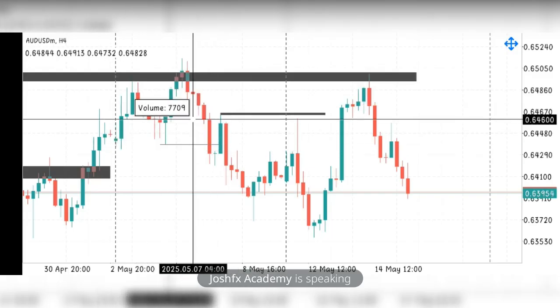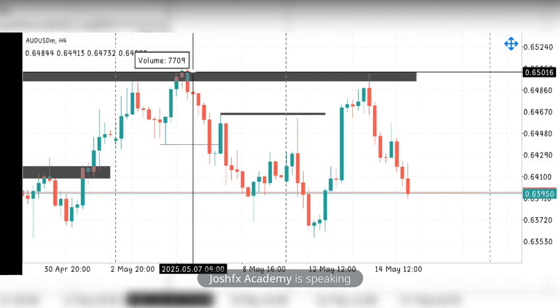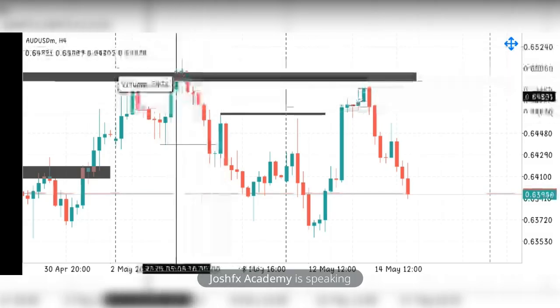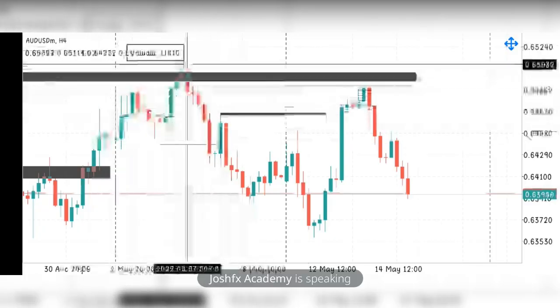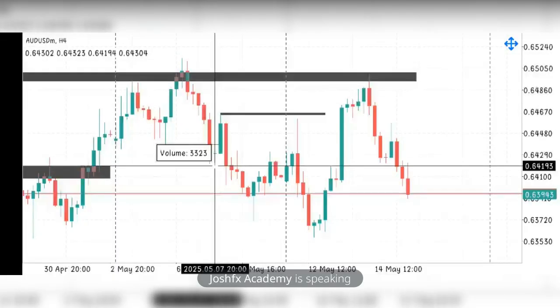It validates that this order block is a valid one. So a bearish order block is when a green candle is being engulfed by a red candle. But a bullish order block is when a red candle is being engulfed by a green candle and there is a break of structure. So just keep it there. Don't stress yourself.